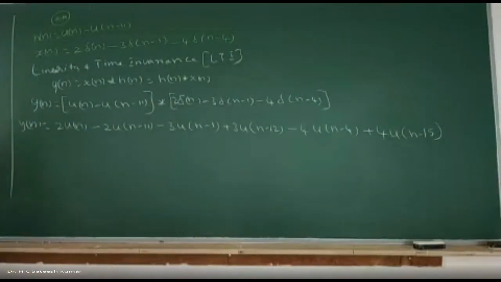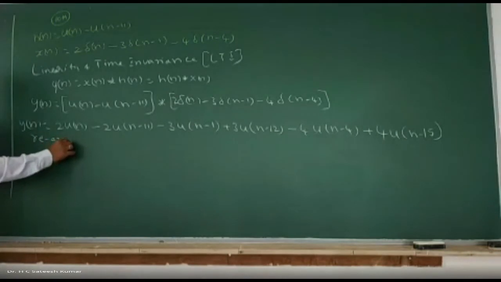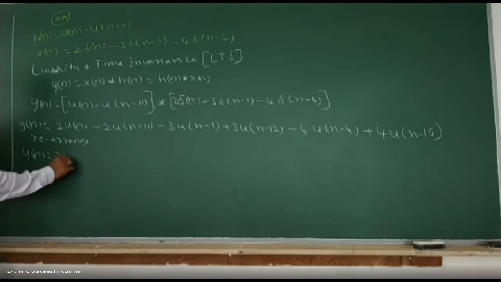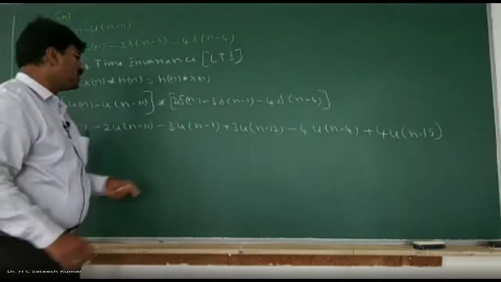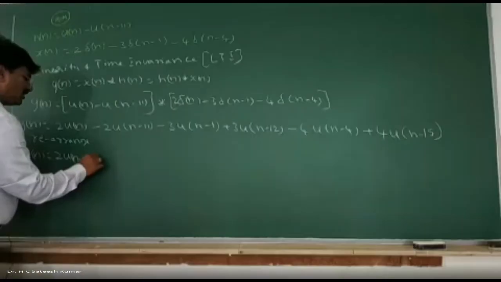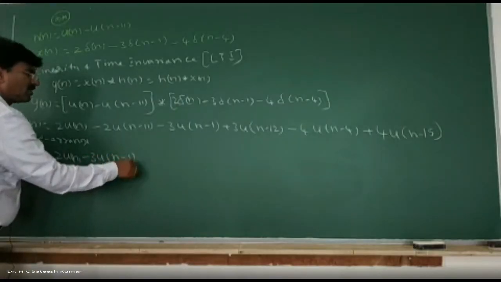Now how to sketch this signal? First, rearrange it. The leftmost is 2 u of n, that is at 0. After 0 we have minus 3 u of n minus 1, that will come at 1.